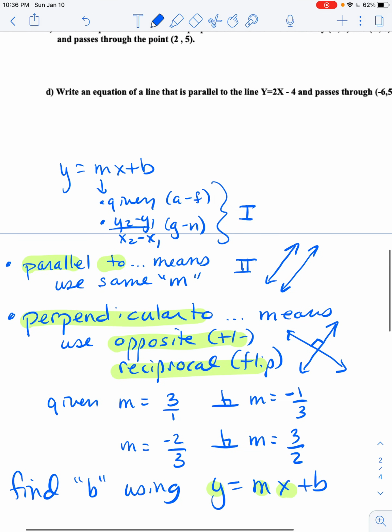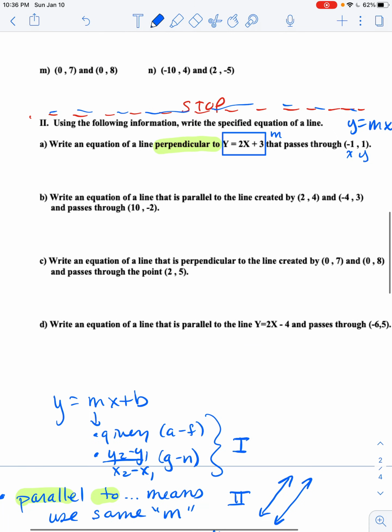So in my notes down here, it says if it says it's perpendicular to something, I'm supposed to use the opposite reciprocal. So what slope is given here? The slope of this line is going to be, since it's in mx plus b, whatever's in front of the x.